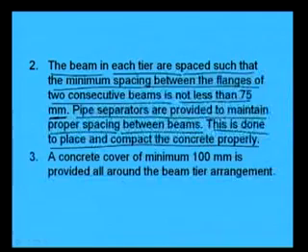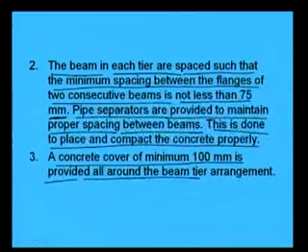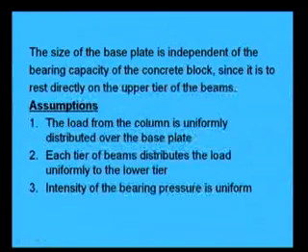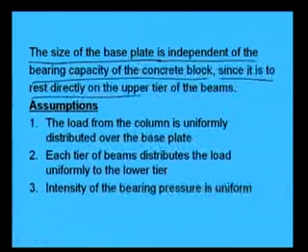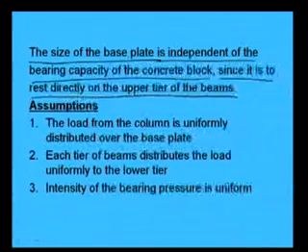Next, a concrete cover of minimum 100 mm is provided all around the beam tier arrangement. The size of the base plate is independent of the bearing capacity of the concrete block, since it rests directly on the upper tier of the beam.